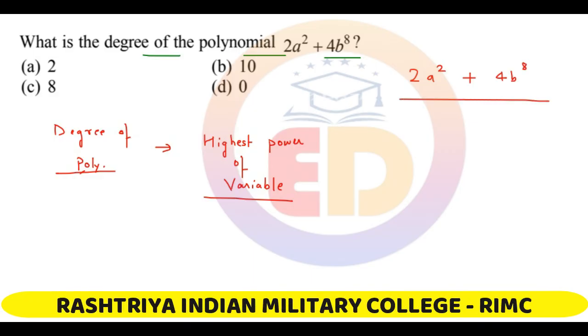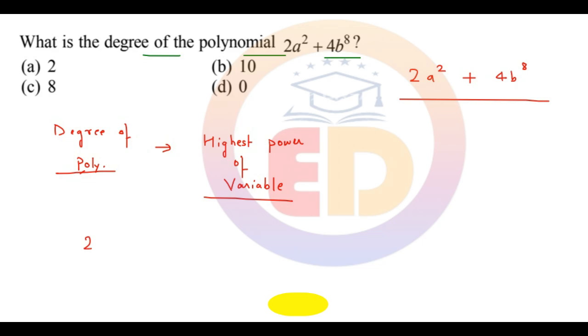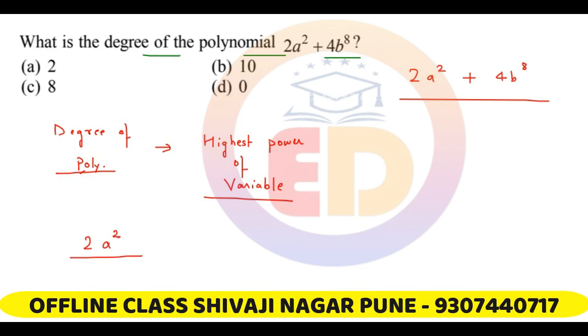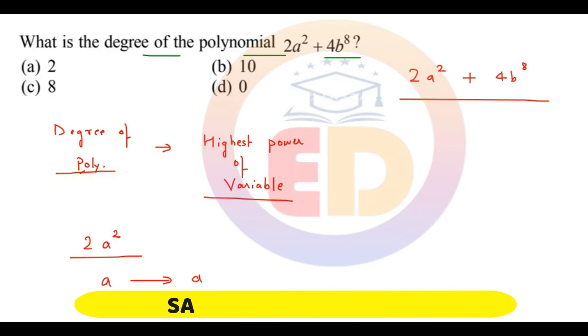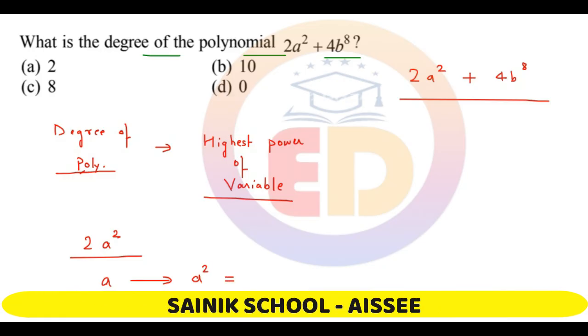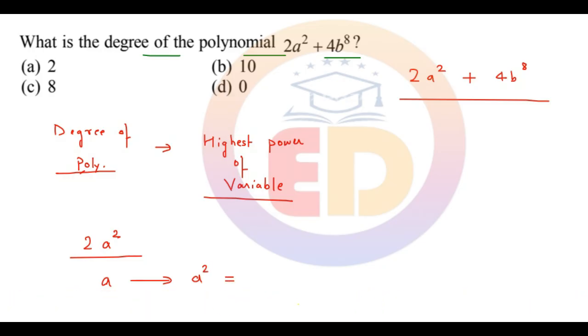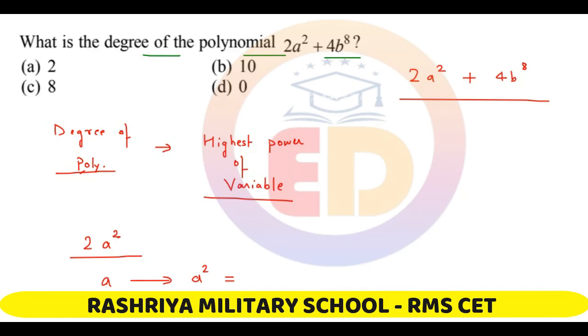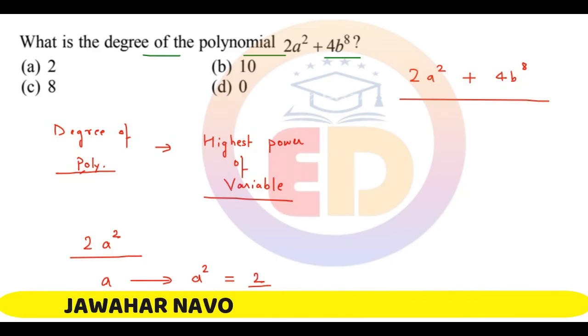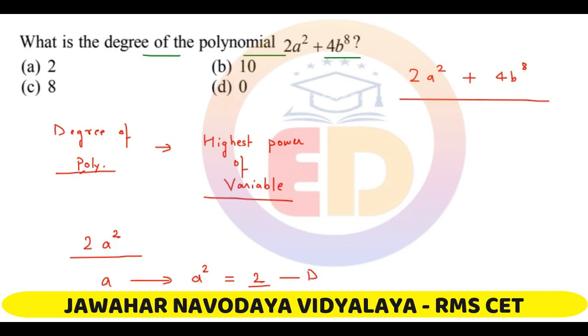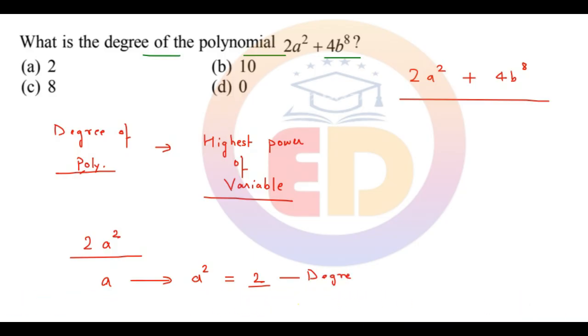There are two terms. However, if there is only one term, say 2a square, then the variable is a and its highest power is a power 2. So in such cases, when there is a single variable in the expression, the highest power of a, which is 2, will be the degree of the expression.